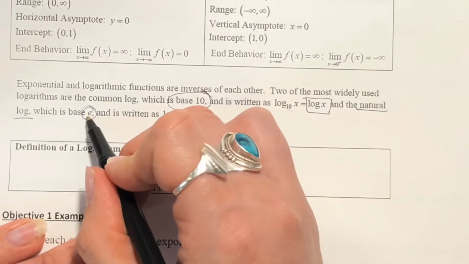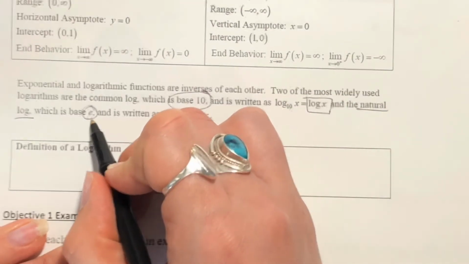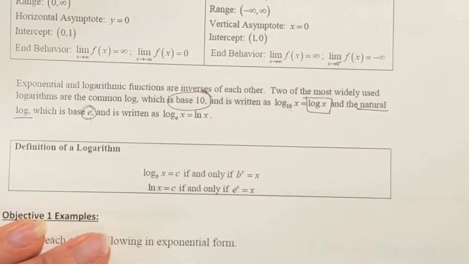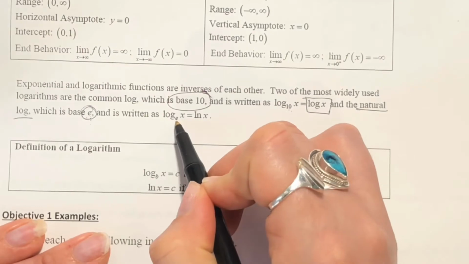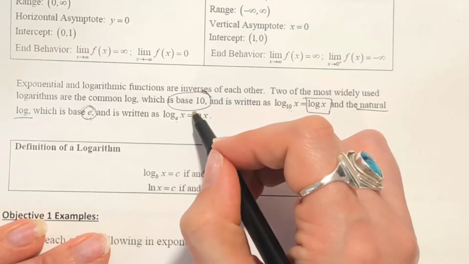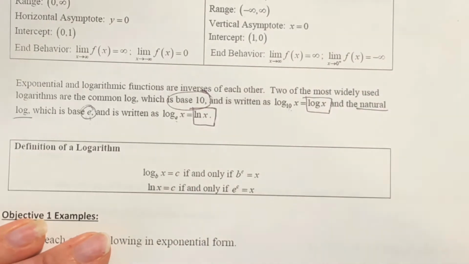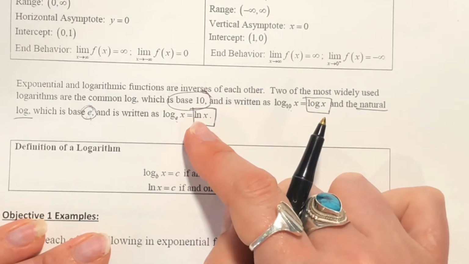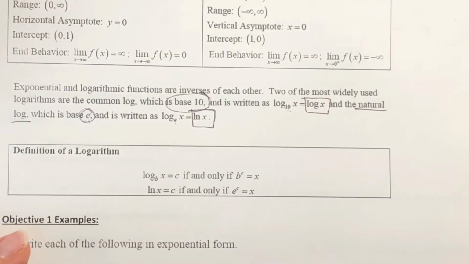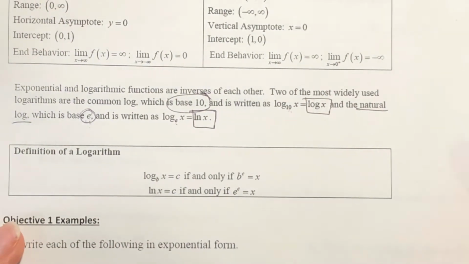And it happens in nature quite a bit. So we use that as the natural number. And so if I have a log base e, for some reason, instead of writing log base e, we just write ln. So that ln stands for the natural log of x, or whatever you're looking at. So it's kind of your intro into logarithms and exponentials.